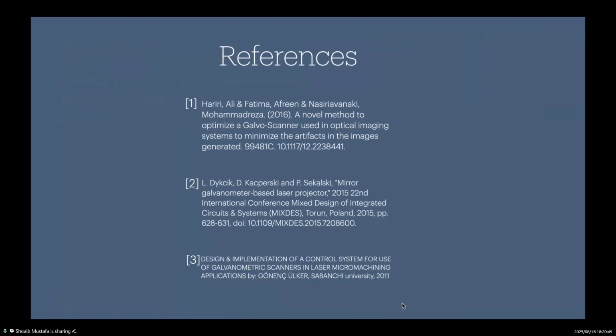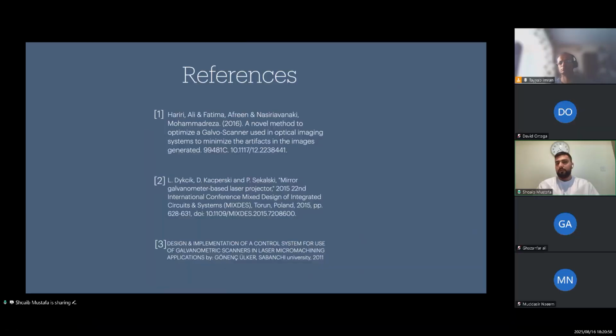Then I realized that a lot of the stuff we have done is available on the internet to some extent, and we have improved our design later on as well. There are many future applications of this. It can be used in very miniaturized displays.